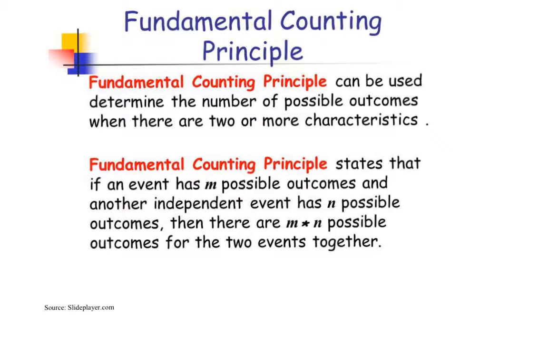And when we are looking at multiple events, whether they're independent or dependent, we need to know how to find the probability of them both happening, or of all of those events happening, whether it's two or more. And so we're going to use the fundamental counting principle, which tells us that you are going to multiply those probabilities together to get the probability of them both happening, or all three of them happening.